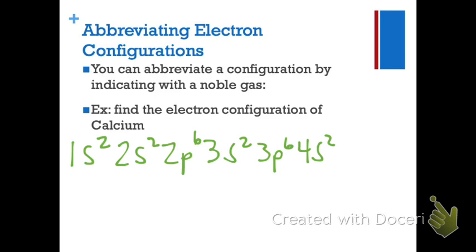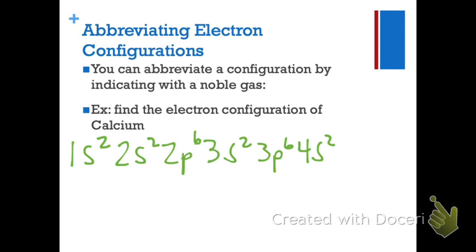Good, right? So when we say electron configuration, we do want the whole thing unless we say abbreviated. So here's what our electron configuration for calcium looks like.